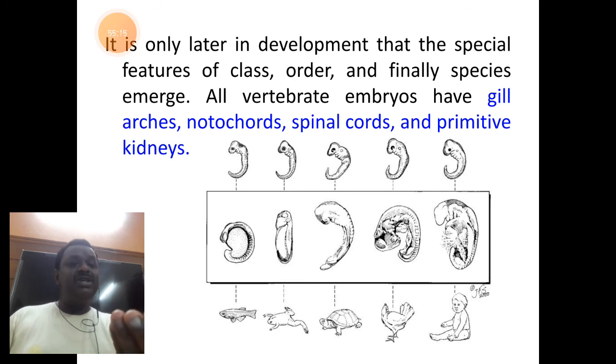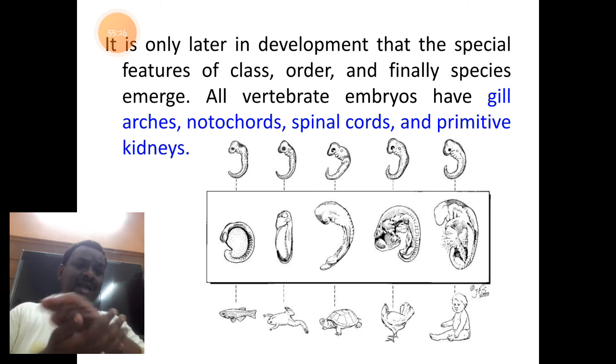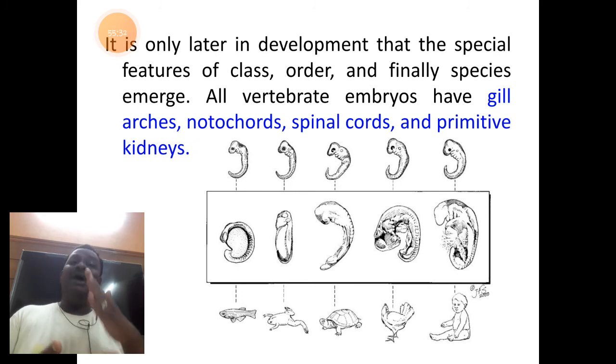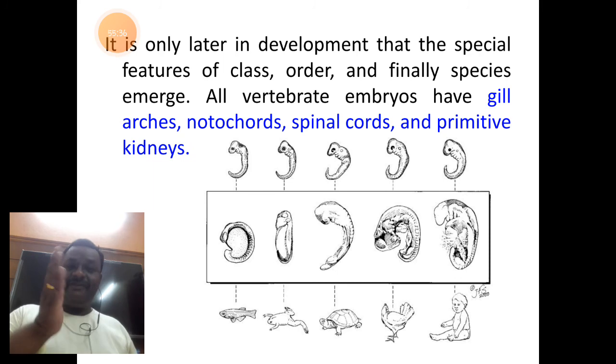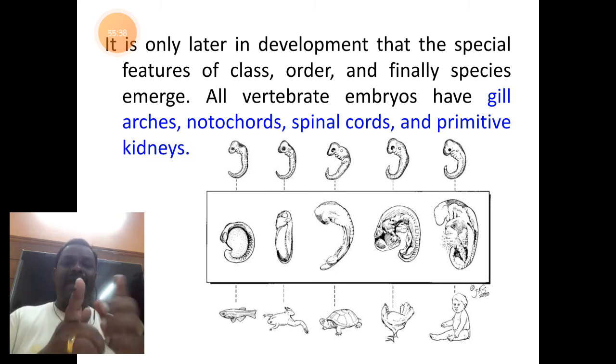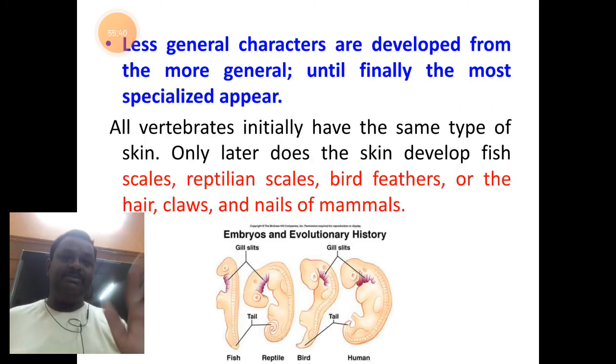For example, if you take the fish, fins are present, a special character related to them. Then when you look at the tortoise, they develop the carapace and plastron. That is a special character that gets formed at a later stage. Feathers in birds get formed at a later stage. Likewise, special characters are formed in the later stage. In the first stage, all the common characters get formed in the organisms.